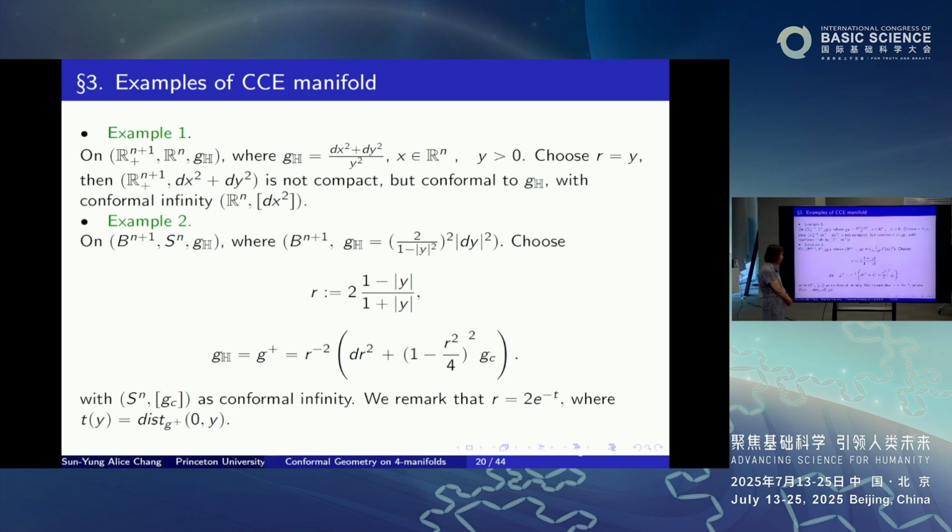And this metric has a particular property. There is a relation between its geodesic defining function and the distance function t in the hyperbolic metric: it's exponential of minus t, which turns out to be an important fact. And we know in an asymptotic neighborhood, the hyperbolic distance and the geodesic defining function are asymptotically like this.